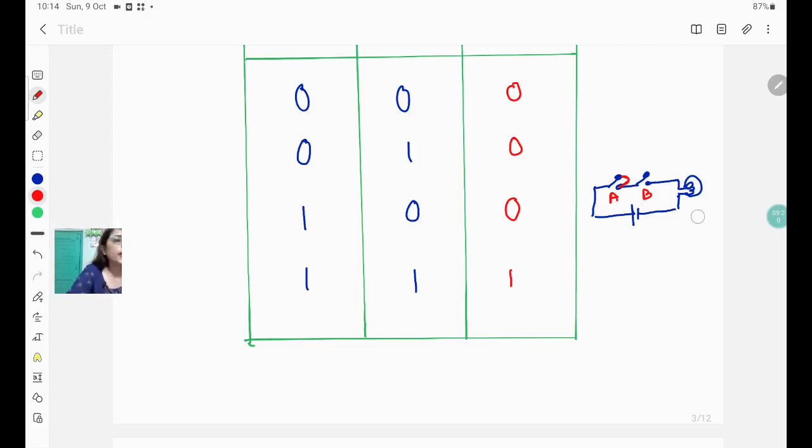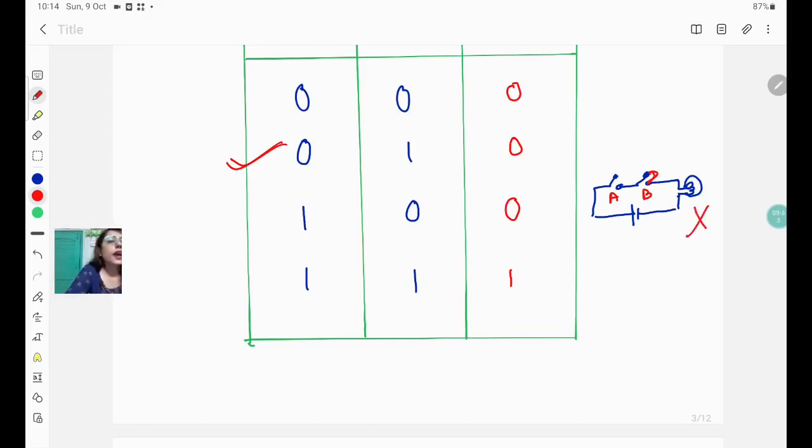If A is 0 but B is 1, that is B will be closed but A is open, that is A0 B1, in that scenario also this circuit is open and current will not flow through the circuit and the bulb will not glow.